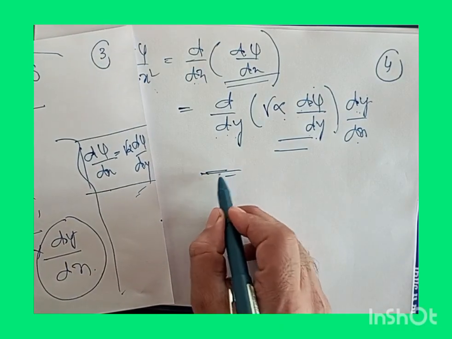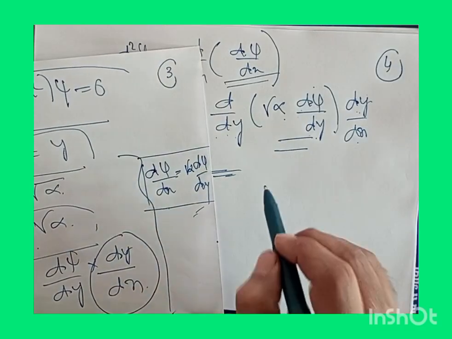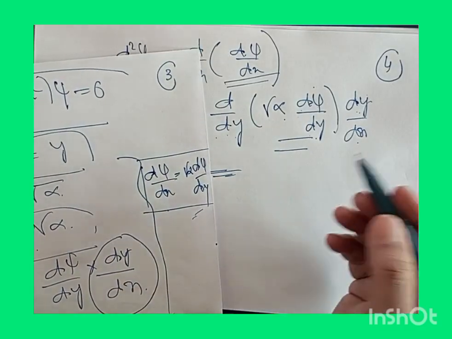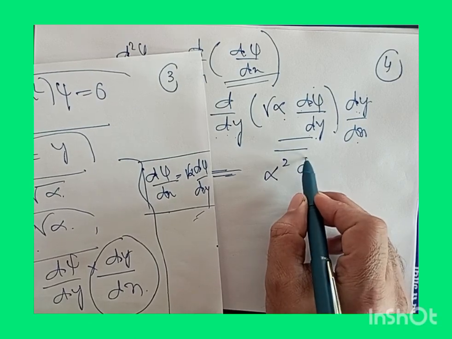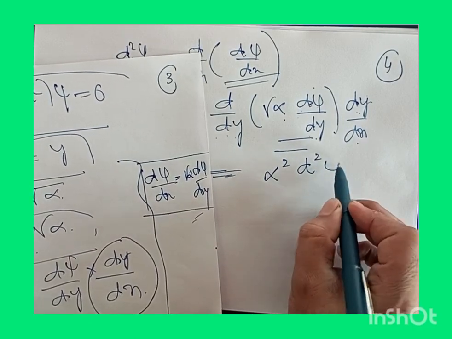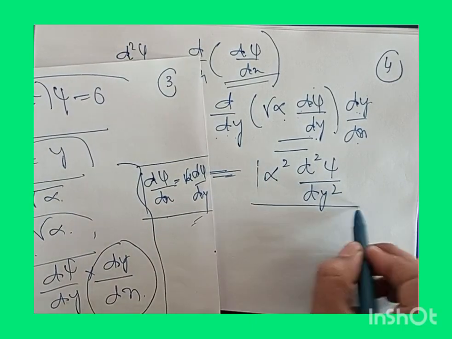So under root of alpha into under root of alpha will give me under root alpha whole square, and what I'll be left with is d2 psi by dy2. That should be the translation.